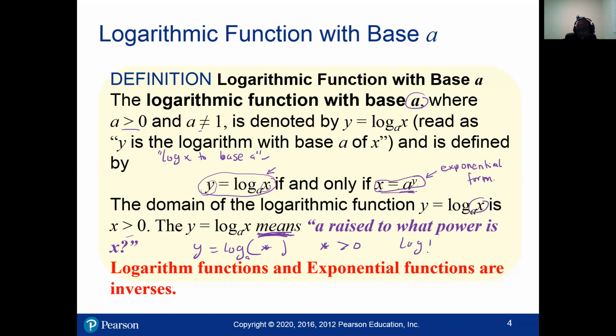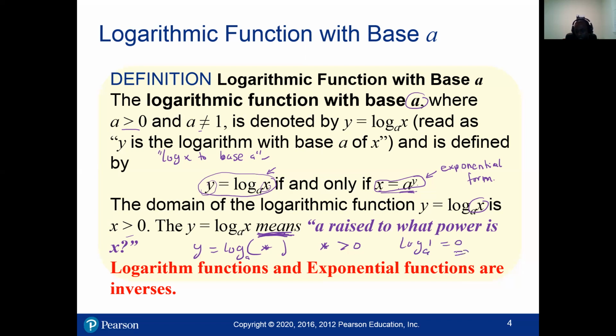So that means that if you have log of 1, this is 0. Let me make sure. Yeah, log 1 is 0. If we have log 1 to the base a, the answer is 0.